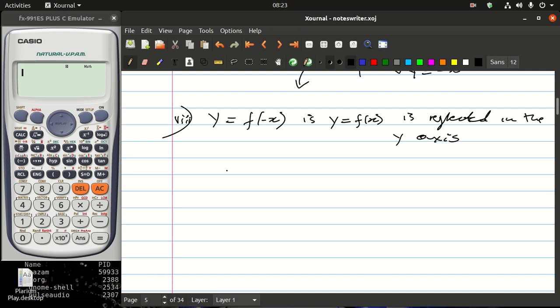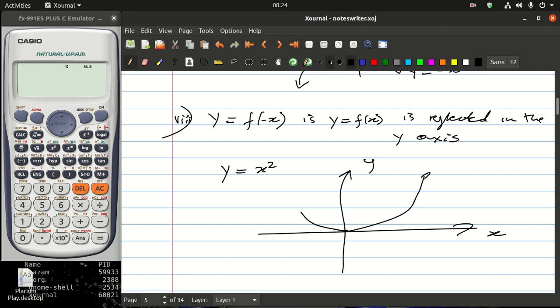So let's say you have y is equal to x squared, I'm just going to use the same example here. So you have that, and then you're going to have a nice thing here, and this is y is equal to x squared, and I want you to find y is equal to f of minus x.